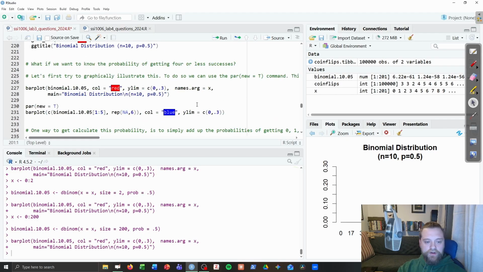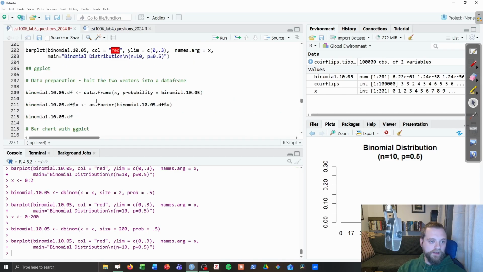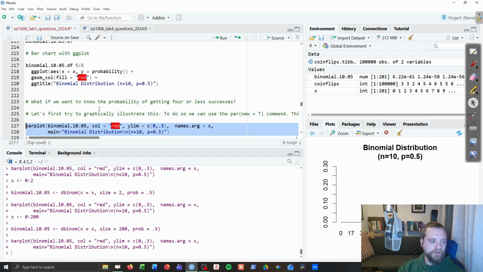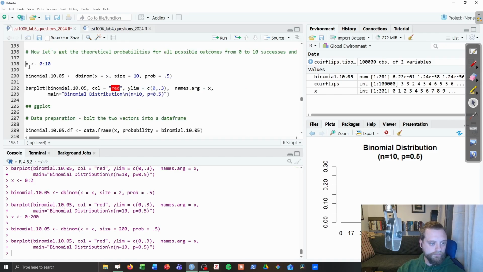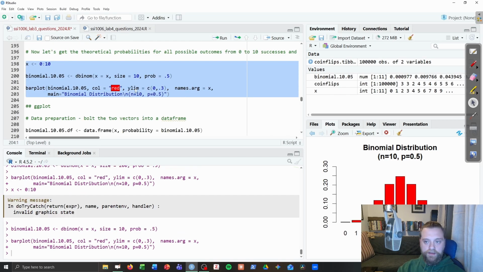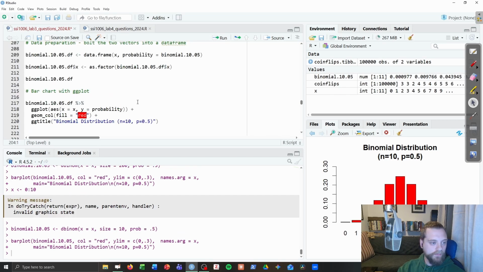Okay, so there's only really one more thing we might need to do now. Let's try having a look at it here. So I'm going to restore this to where it was before. So I think we had 0 to 10 for D binomial, the size of 10. Let's run that again. There we go.